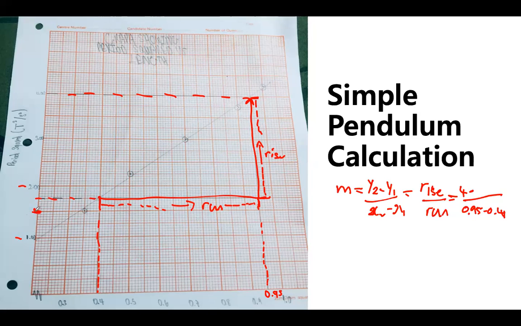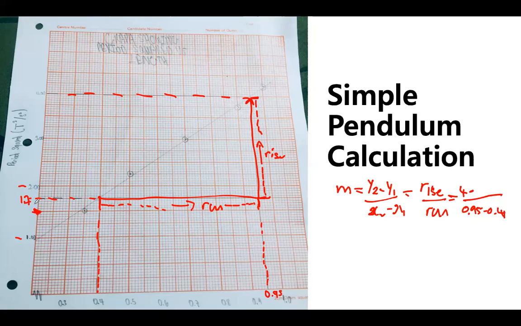So between 1.5 and 2, what is our value there? Almost 1.7. About 1.75.